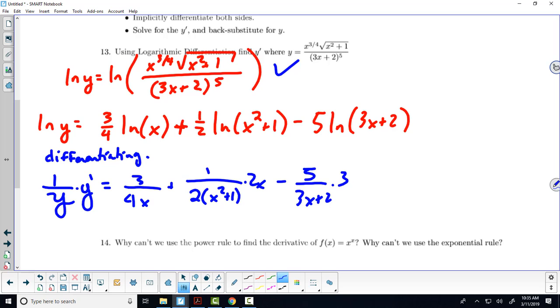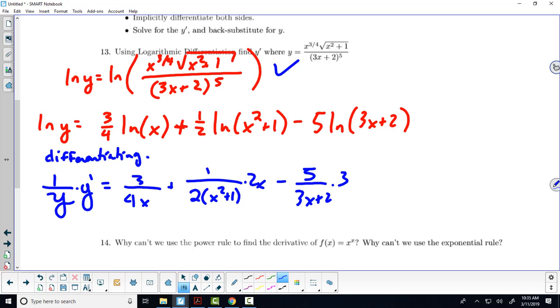Now, we're not done with this problem. And again, some people like to shy away from complicated notation because it looks complicated. I say embrace it. Practice it. Is this y prime right here on the right-hand side? No, because this expression on the left-hand side isn't y prime.